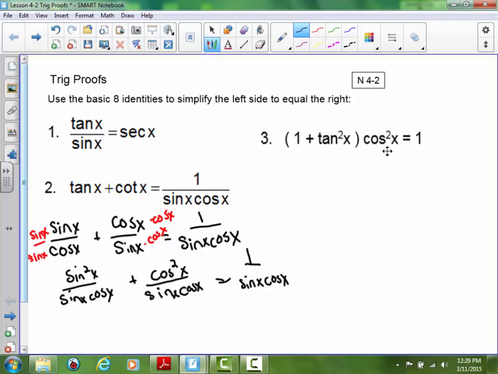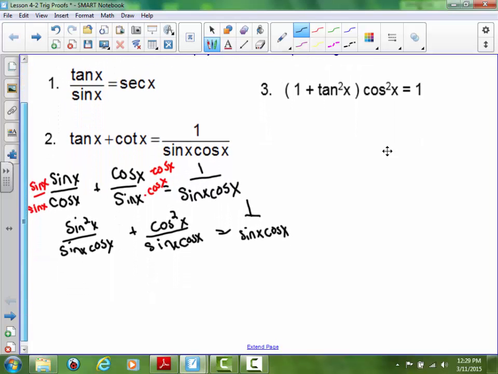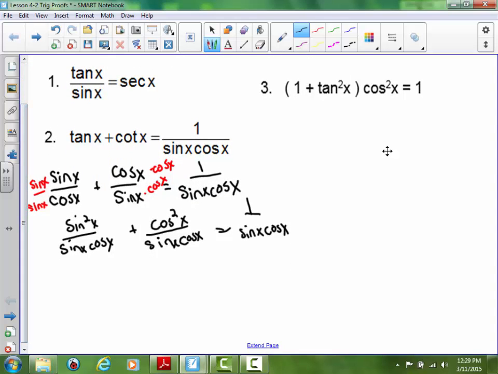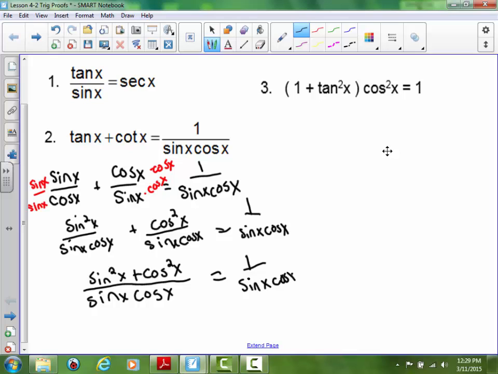Okay, so we now know to add the fractions, we add the numerators, so sine squared x plus cosine squared x all over sine x cosine x equals 1 over sine x cosine x.